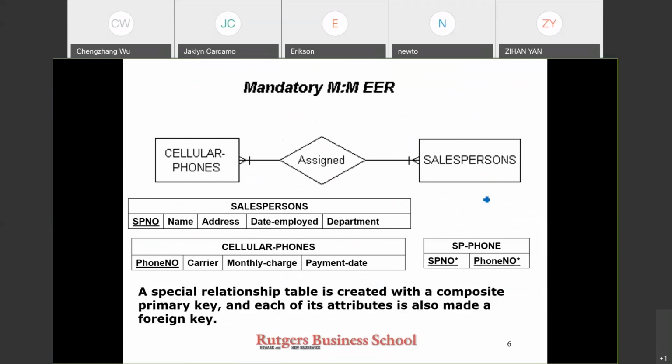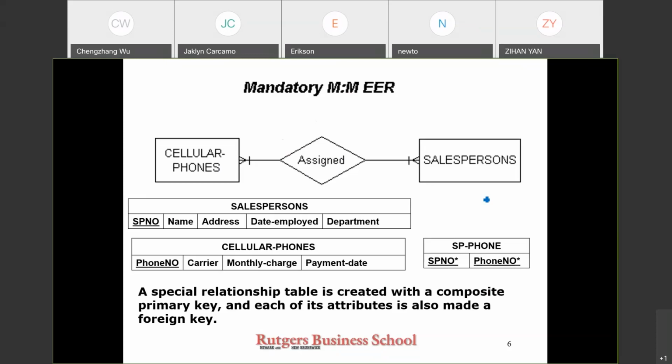Okay, let's look at the second case. Mandatory many to many. Well, the cross-foot against both entity symbols in this diagram indicates that a salesperson is assigned to many cell phones.